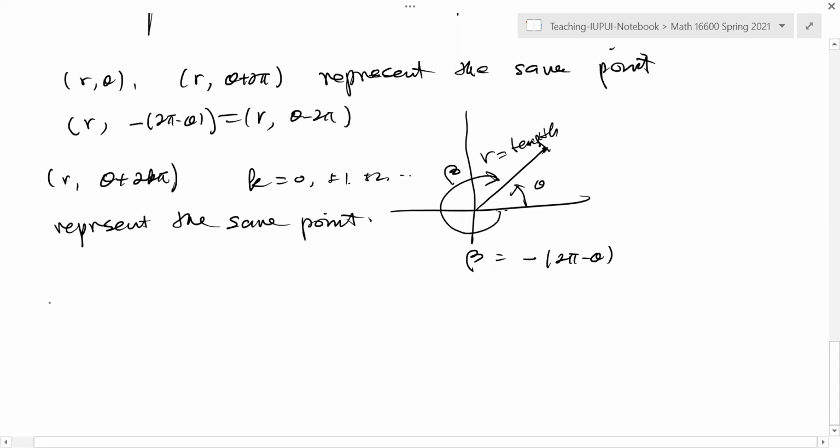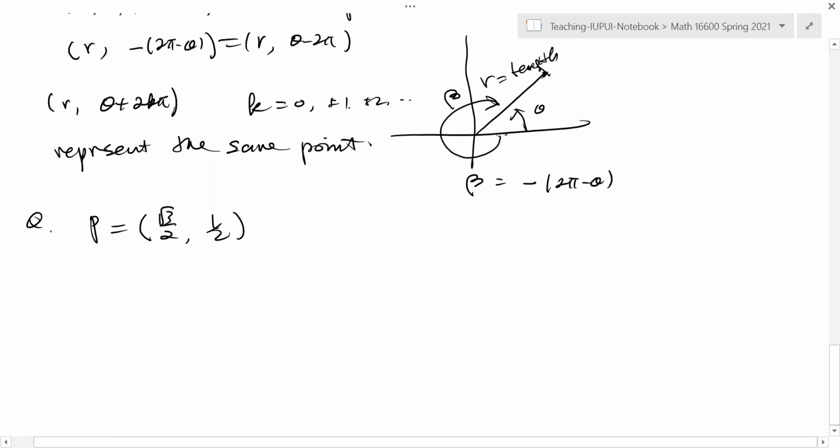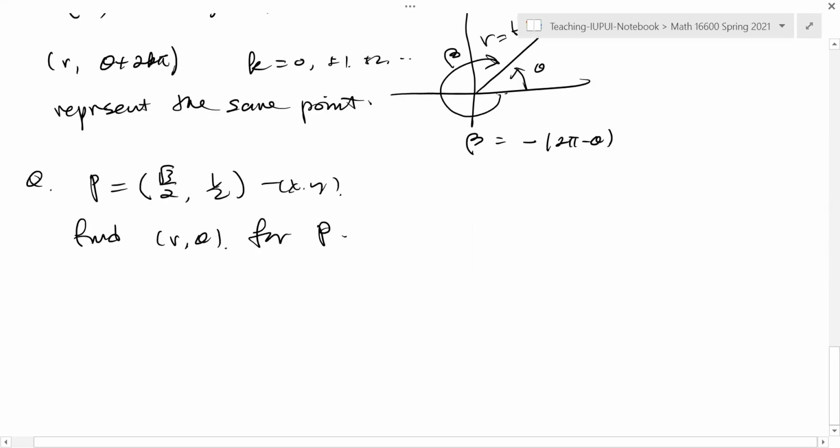Okay, so here's the example. Let P be square root of 3 over 2 and 1/2. This is in Cartesian coordinates, so this is x and y. Find r and theta, the polar coordinates for the same point P. So how can I do that?